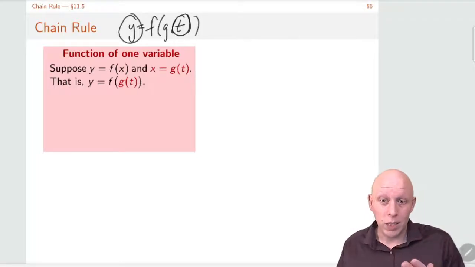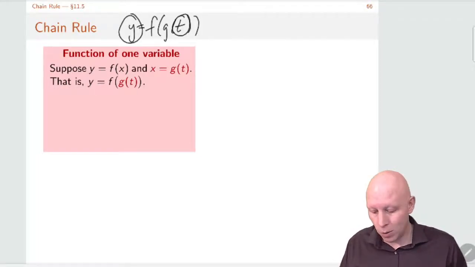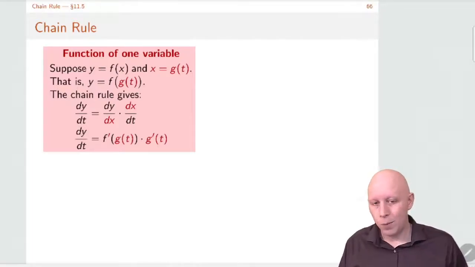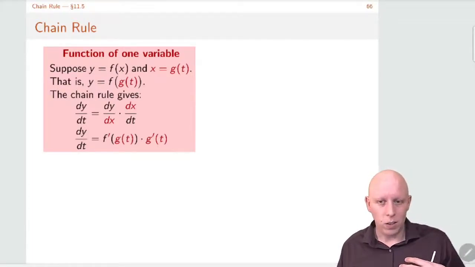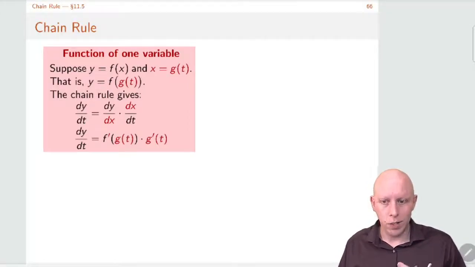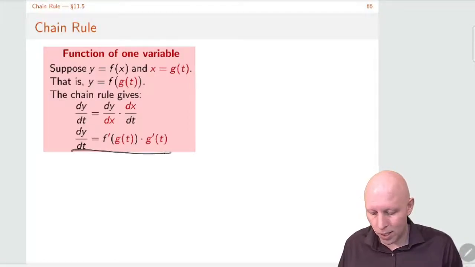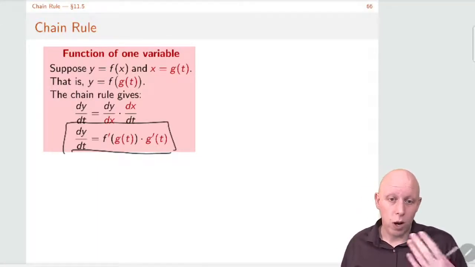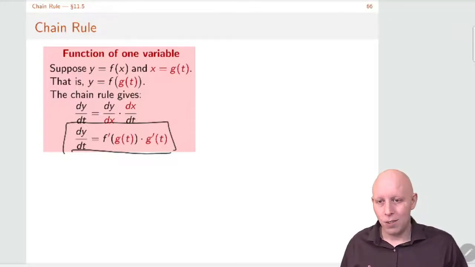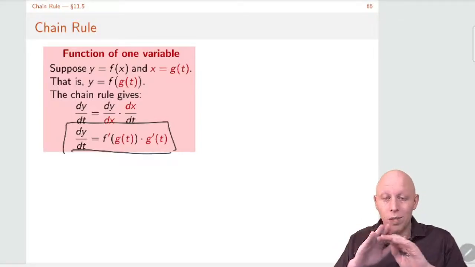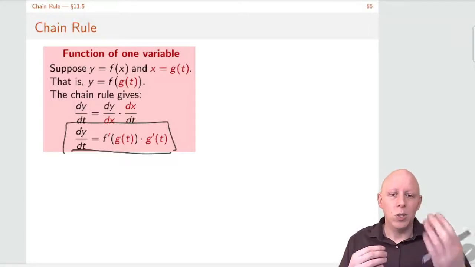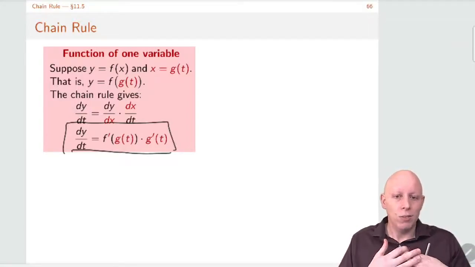So when we're dealing with functions of one variable, we had two ways that we could write this down. There was probably the way that we all did the chain rule and maybe feel the most comfortable with. So that's the second version. If we want to take the derivative with respect to t of y, then we take the derivative of the outer function, you plug the inner function in, and you multiply by the derivative of the inner function.